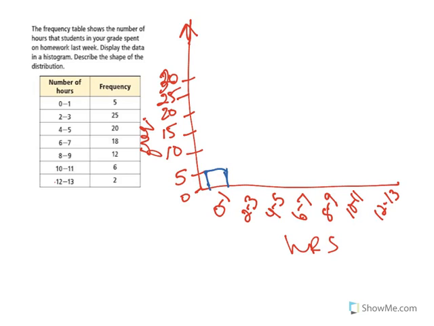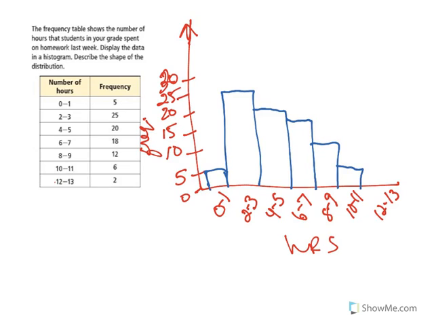From 2 to 3, we had 25. Wow. 4 to 5, we had 20. 6 to 7, we had 18. Notice I'm not exact, but we get the idea. From 8 to 9, we had 12. From 10 to 11, we had 6. And from 12 to 13, we had 2.